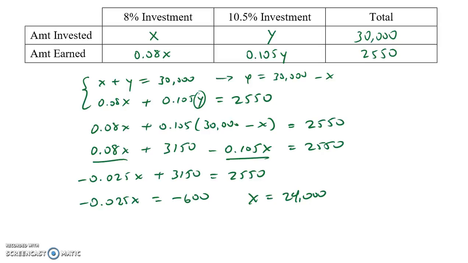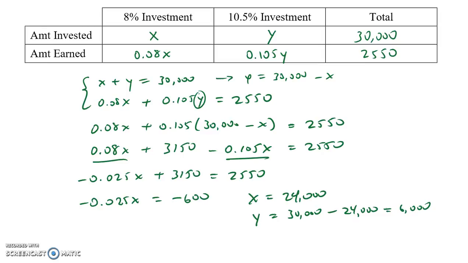That would be the amount invested at 8%. The amount invested at 10.5% would be 30,000 minus the amount invested at 8%. That is, y equals 30,000 minus x. That's going to be 6,000, of course.